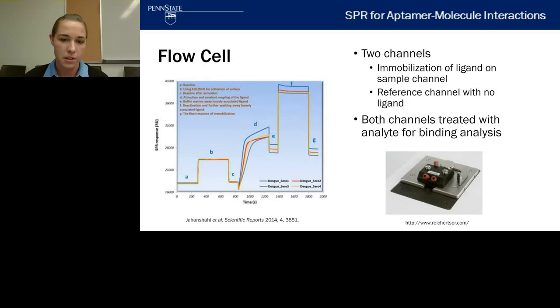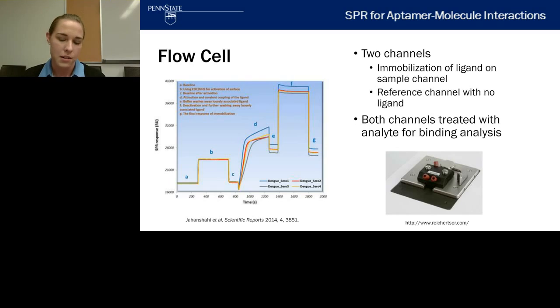We can also look at the figure on the left, which shows a sensorgram for an amine coupling reaction for the immobilization of a ligand, or several ligands in this case. We can see in A, first we have a baseline sensor signal, which at B increases as we use EDC-NHS to activate the surface. At C, we see that the baseline is maintained after we are washing the surface with our running buffer. And then in D, we incubate this surface with the ligand of interest, or in this case, several ligands.